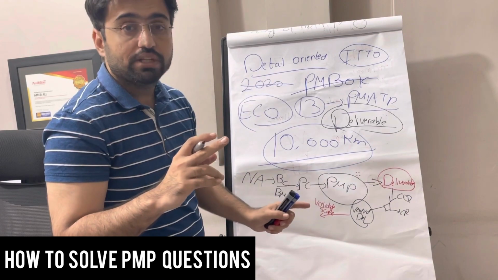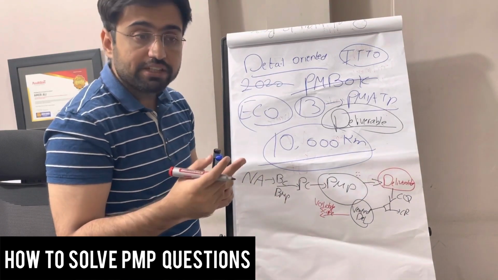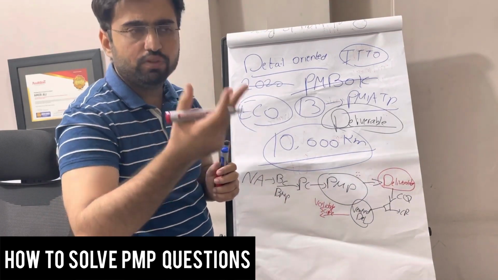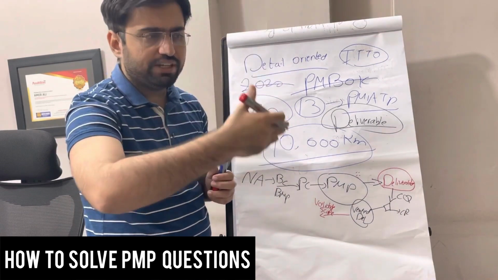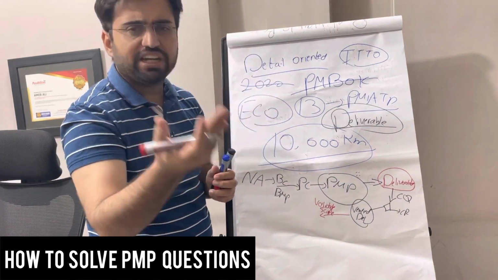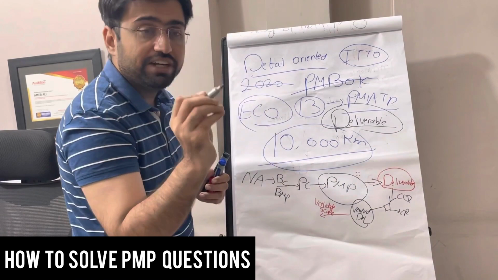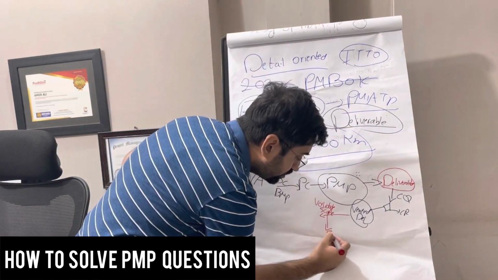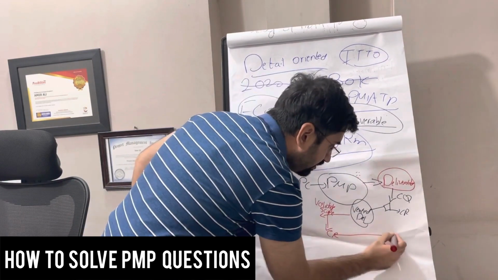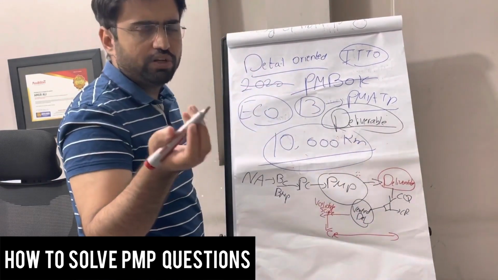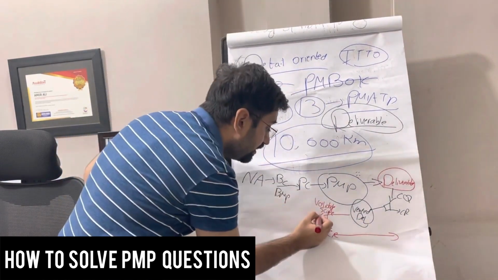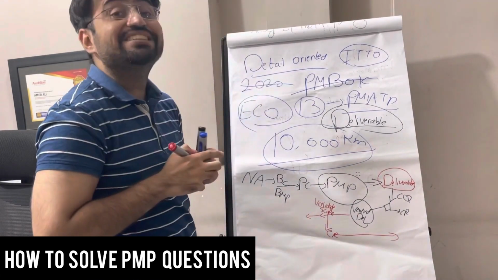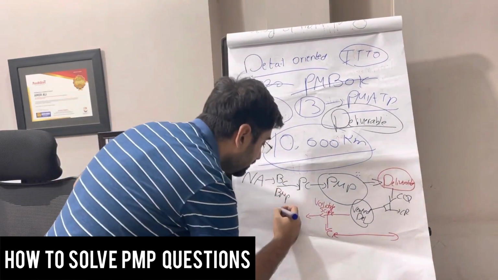So we will validate the scope through inspection, peer reviews. The client will come, they will have their acceptance criteria, checklist, all those things. They will validate the scope, and if it is not accepted, again it goes as a change request, as a preventive, corrective action or defect repair. If it is accepted, it becomes an accepted deliverable.